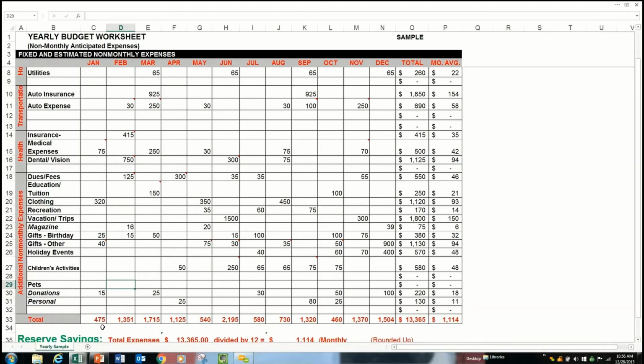Now, even though many people do factor in some of the bigger periodic expenses, could be auto insurance, could be your vacations and trips, things like that, a lot of times they're still missing many of those other incidental periodic expenses, and they're still wondering, why is my budget off?